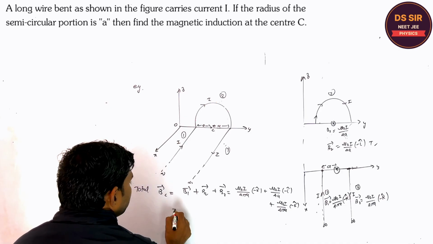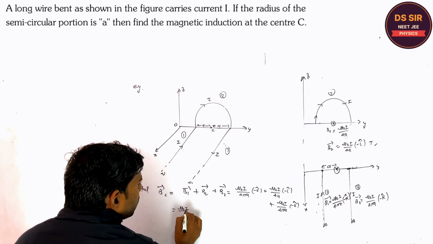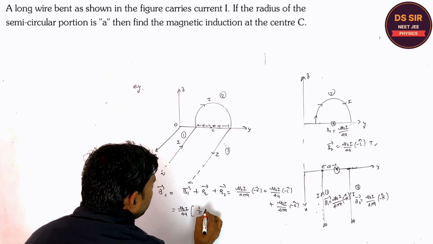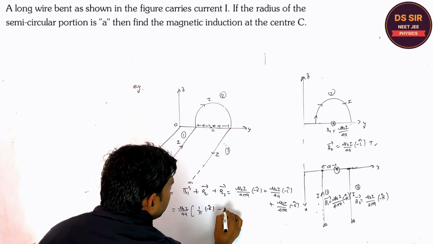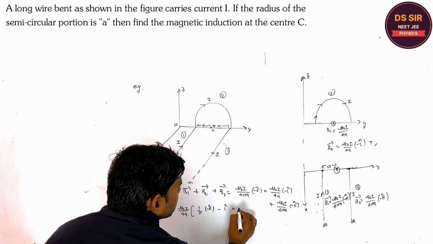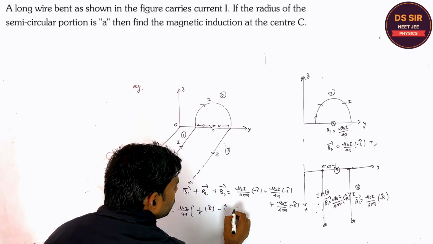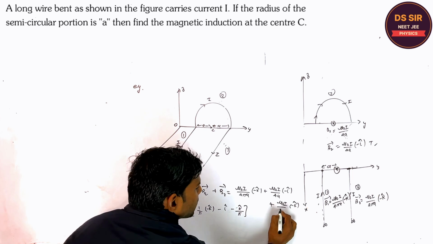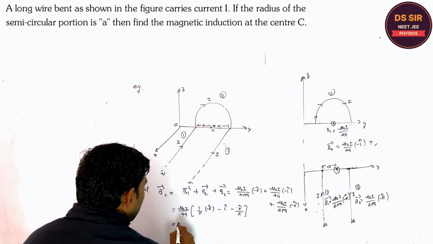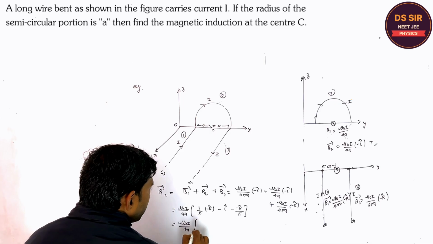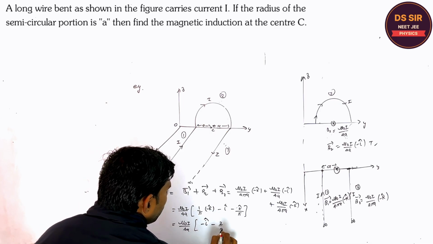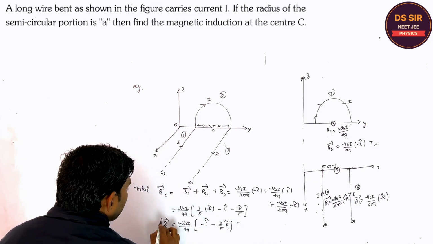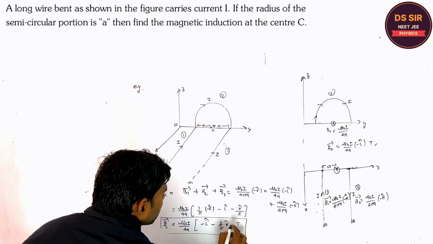Is it clear or not? So if you take mu naught I upon 4A common, this is 1 upon pi minus K cap, minus I cap, plus this is also minus K cap upon pi, right? So the answer is mu naught I upon 4A times minus I cap minus 2 upon pi K cap, Tesla, is the magnetic field at point C. Is it clear or not, you tell?